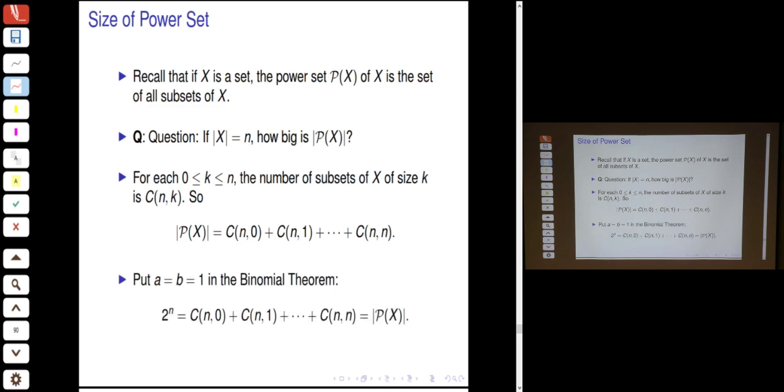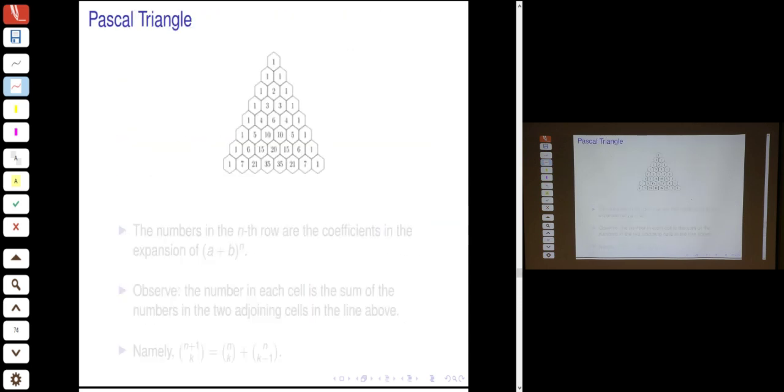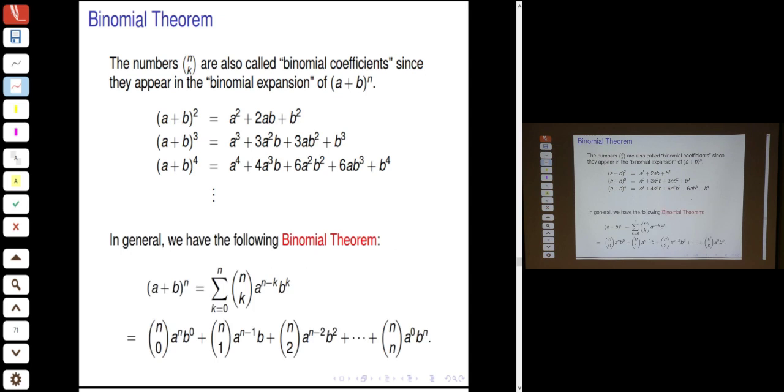The trick is to put a equal b equal 1 in the binomial theorem. Let's see, where is the binomial theorem? If you put a equal b equal 1, the right-hand side is the sum we want: n choose 0 plus n choose 1 plus dot dot dot plus n choose n.